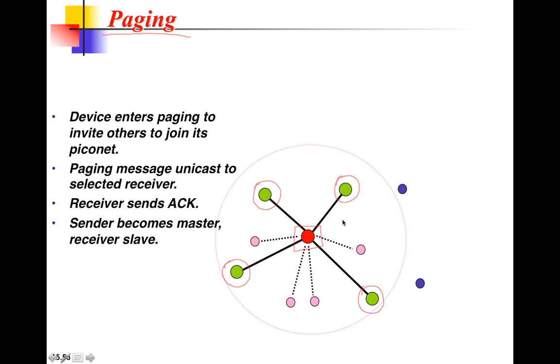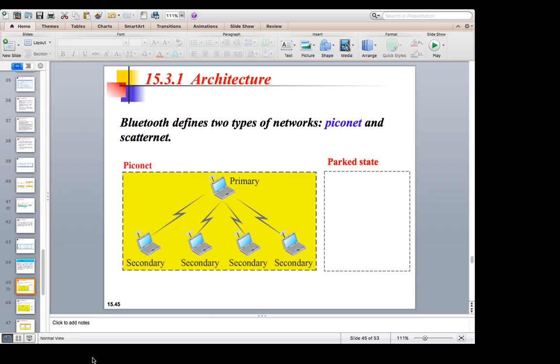And these are the active ones. The green devices are the active devices. Okay? So there you go. You have the master, the active slaves, the parked slaves, and the standby devices. These devices aren't exactly connected to the primary device.